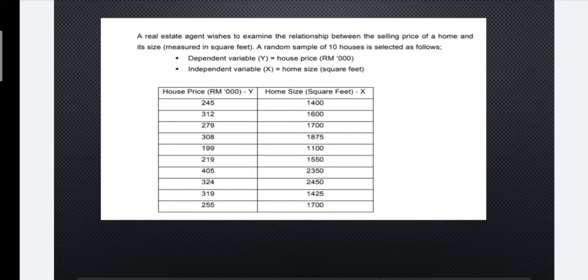Okay, and then you kena buat untuk semua, masukkan all the observation, 10 observation. Okay, tadi saya ulang balik. You kena masuk dalam mode regression, pilih linear, dan untuk key in data, masukkan x dulu, y, dan tekan m+.